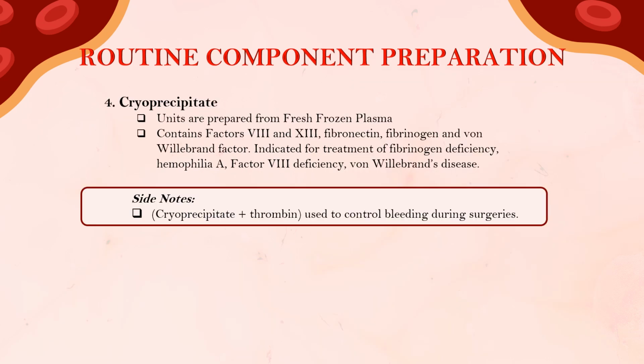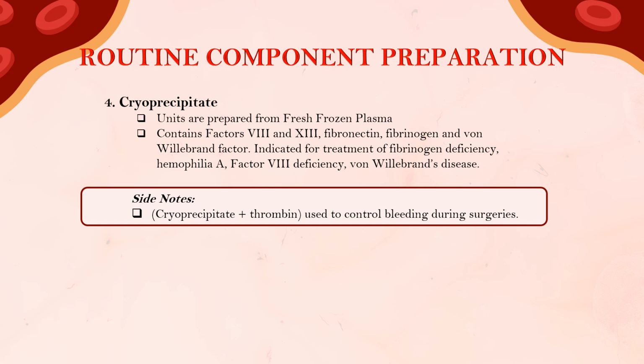Okay, next is your cryoprecipitate. This is a unit obtained or prepared from your fresh frozen plasma, and it contains your factors 8 and 13, also your fibronectin, what else? Fibrinogen, and your von Willebrand factor.